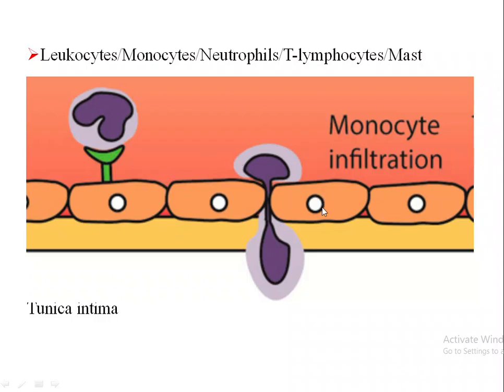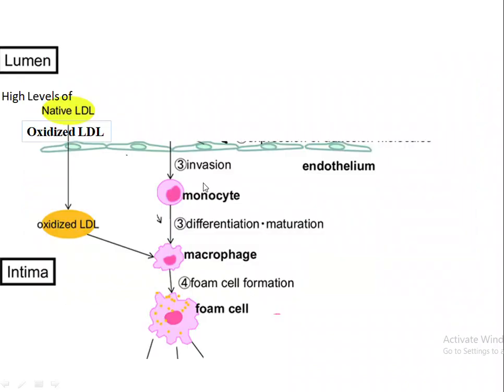They then migrate to tunica intima. Once the monocytes reach tunica intima, they differentiate and mature into macrophages. What is unique about the macrophages is that they express scavenger receptors.